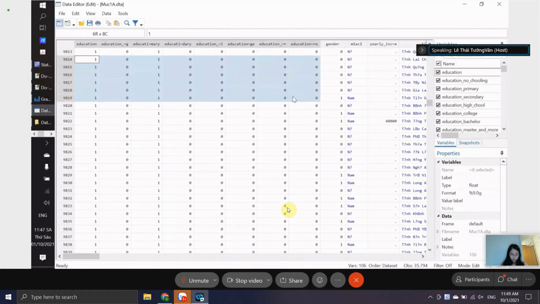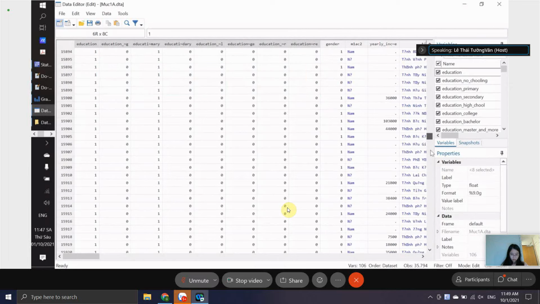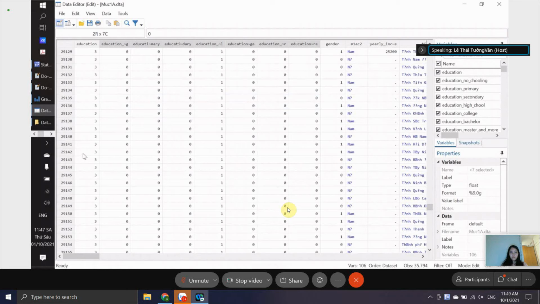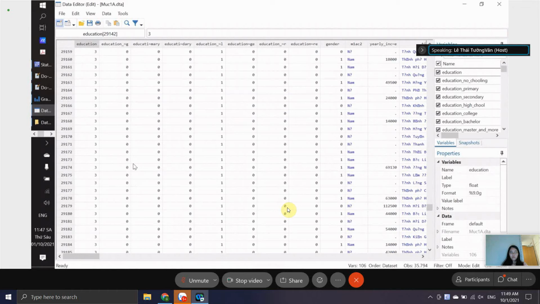Fair enough? And if you go down to college, only the dummy variable education secondary takes the value of 1. All other variables take the value of 0. Fair enough? If you go down, down, down, and down to here, you will see that the dummies split the category variables into different groups.